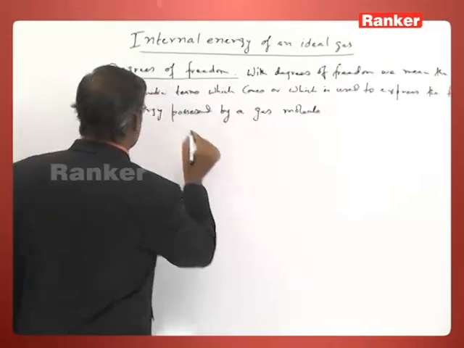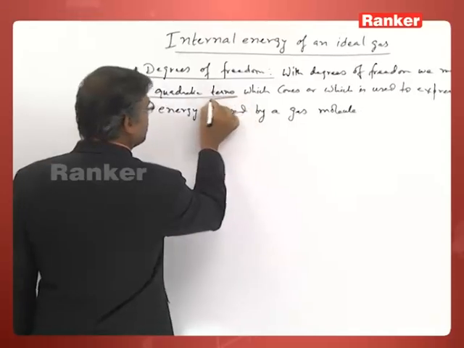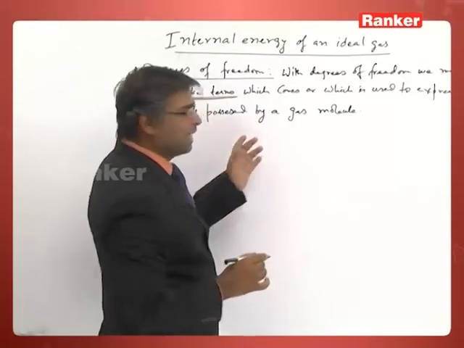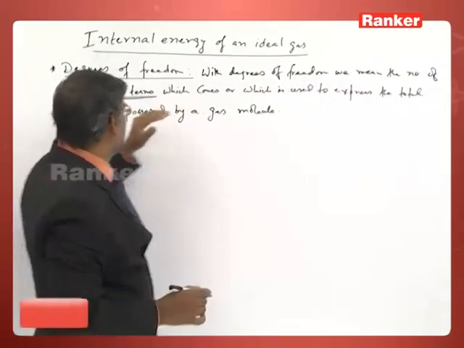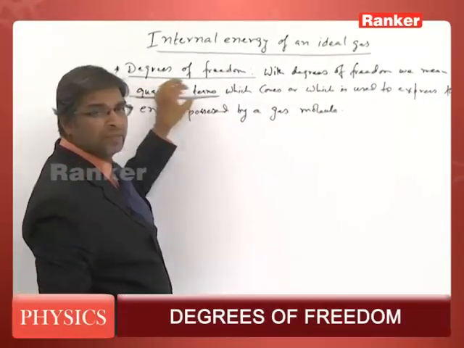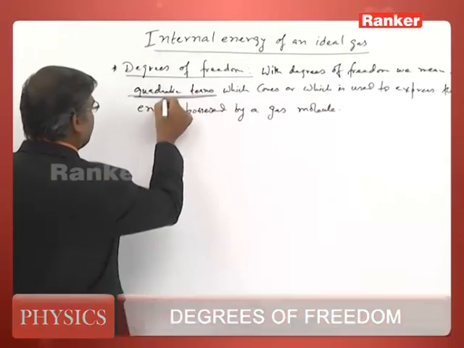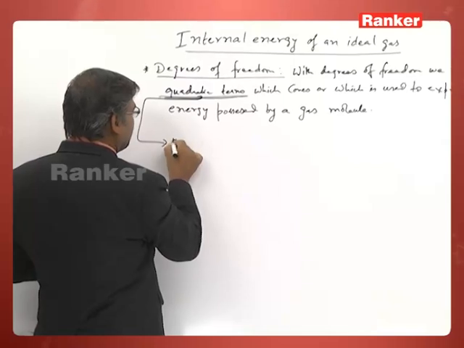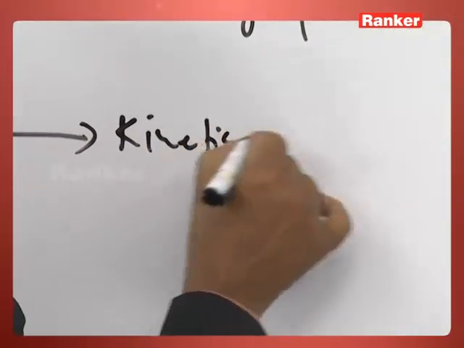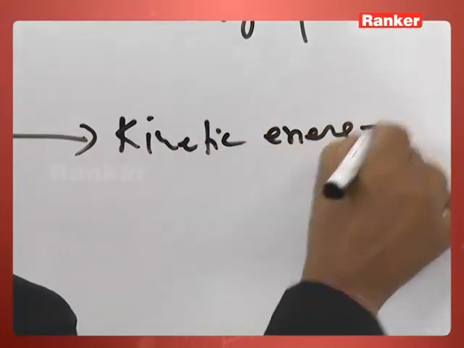So, in terms here you can use another word also. With degrees of freedom we mean the number of energy terms, kinetic energy terms. So, you see this is quadratic term I have written, that can be also replaced by kinetic energy terms.